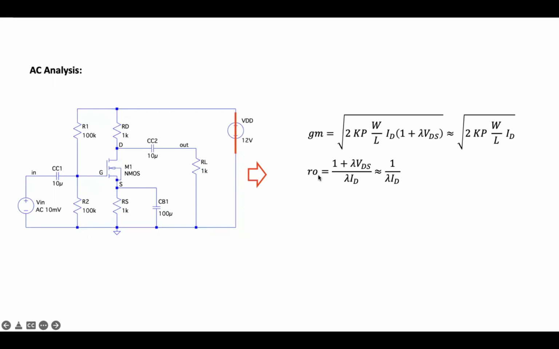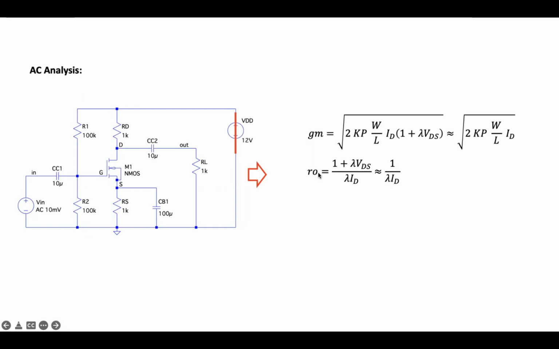Okay? And we can also determine the output resistance, the resistance between the drain and source of the transistor, using this equation: 1 over lambda times the operating drain current. For this AC analysis, we will assume that lambda is equal to 0.